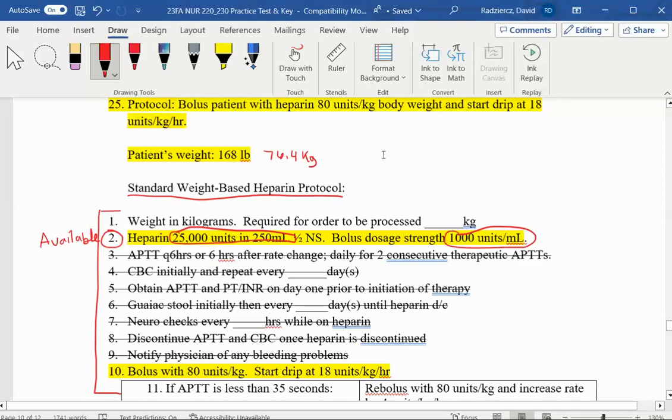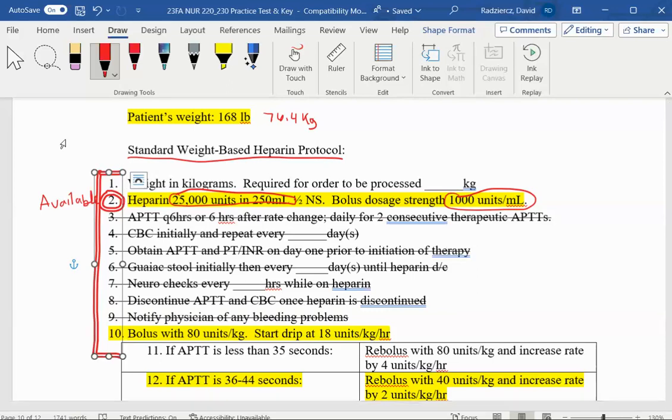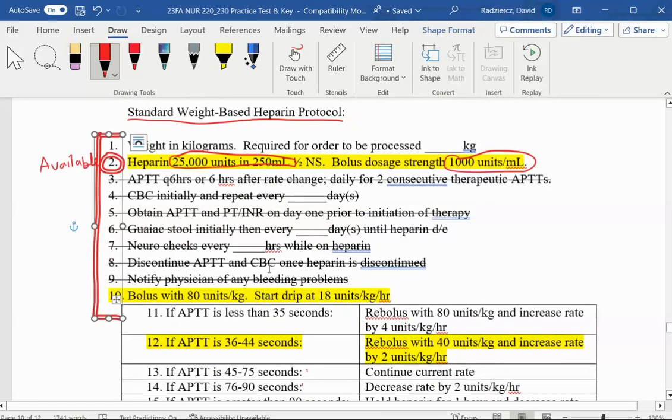When we're looking at the heparin protocol, what I have boxed here in red is what you would see if you type in heparin protocol or weight-based heparin protocol into Google. You're going to see all these steps listed, 1 through 15. When I originally put this together, I should have made this look more like an inset, as opposed to, you know, tell me what the CBC would be, tell me when the neurocheck should be.